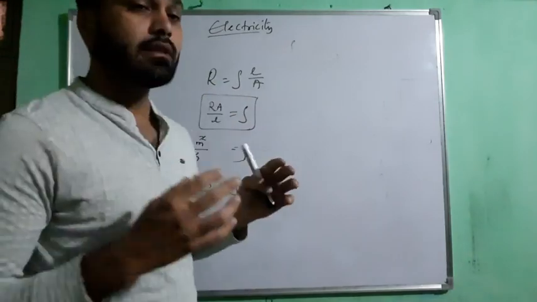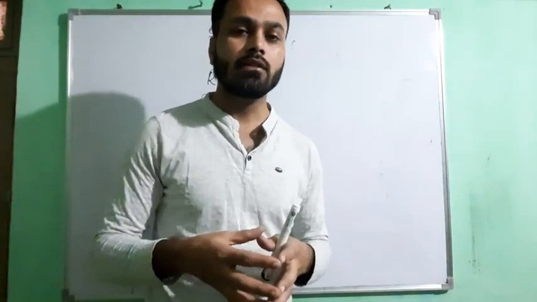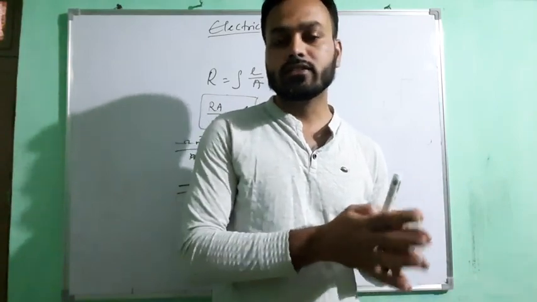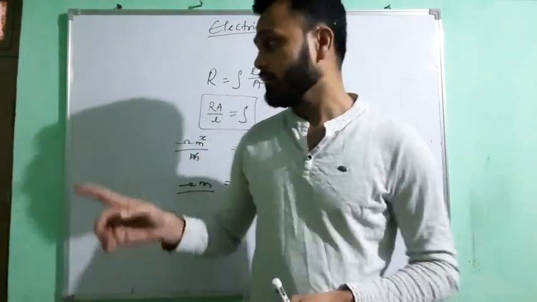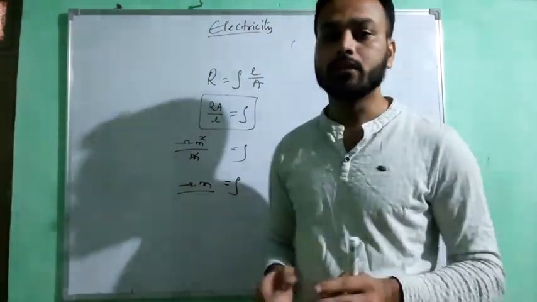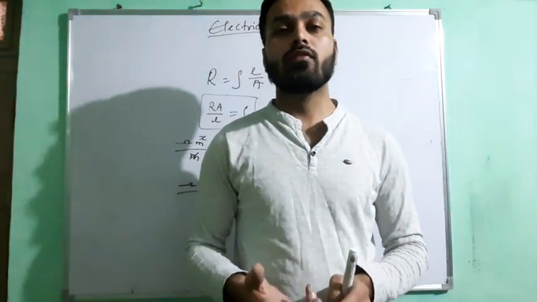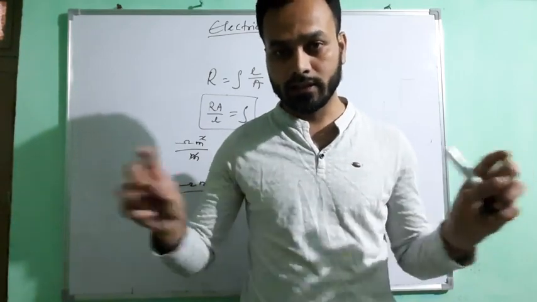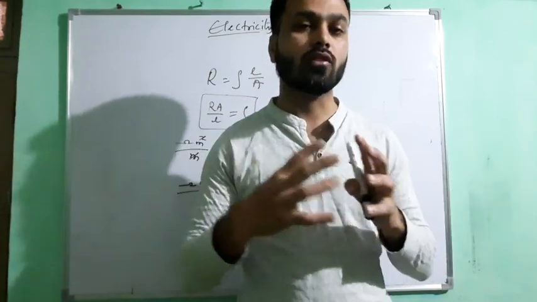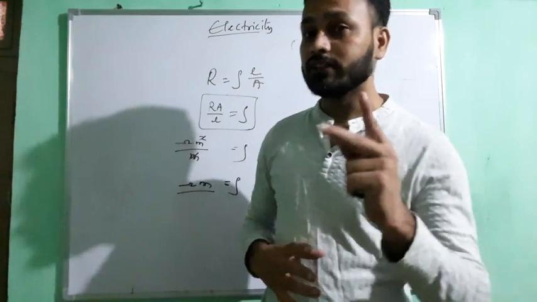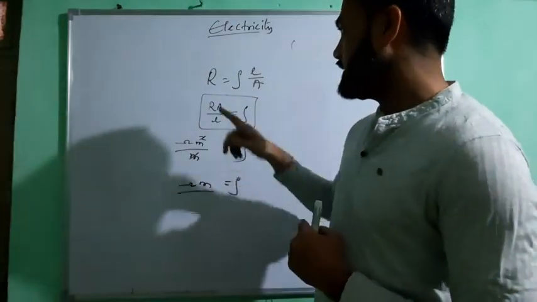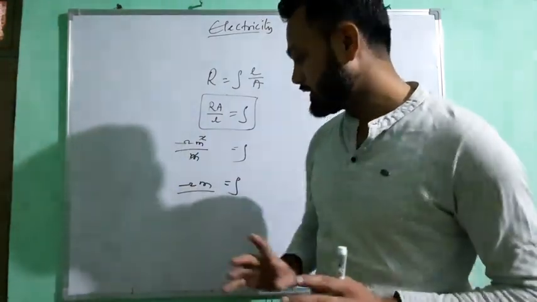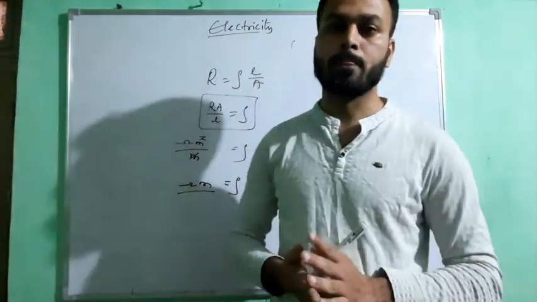Resistance is nothing but the property of the material to oppose or obstruct the flow of charges through it, whereas resistivity is the resistance offered by a material of unit length and unit area of cross section. The second point of difference is that the unit of resistance is ohm, whereas the unit of resistivity is ohm meter.